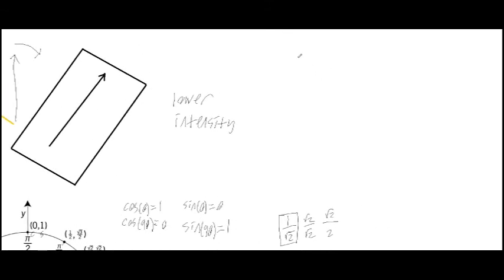So we can imagine that if we go from 0, so if theta is greater than 0, I think yeah, I got that backwards, sorry. It should be greater than 0, and then this is less than 90 degrees.